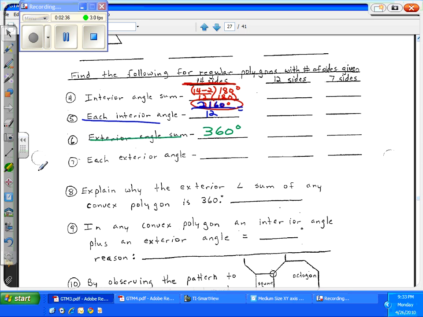And if you wanted each one, you would take the exterior angle sum, 360, divided by the number of them, 14, and you would get degrees apiece for each exterior angle. Any questions on that?